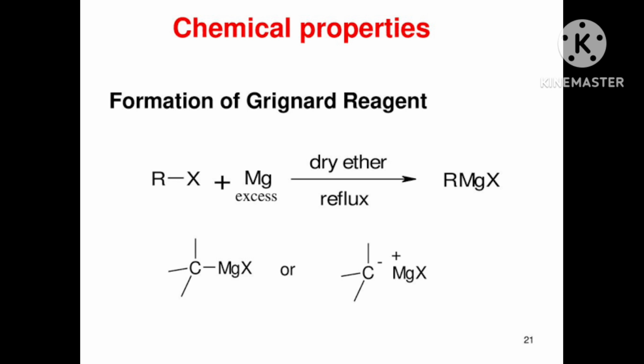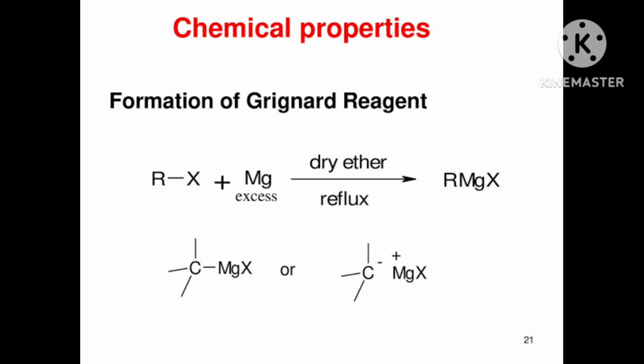RMgX plus H2O will form RH plus MgOHX. To avoid this reaction, moisture should not be there. It is therefore necessary to avoid even traces of moisture from a Grignard reagent. On the other hand, this could be considered as one of the methods for converting halide to hydrocarbons.